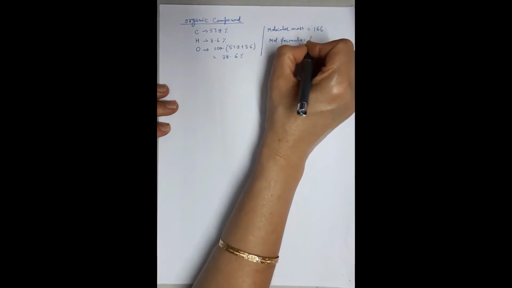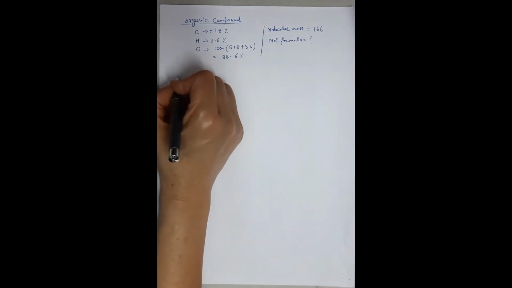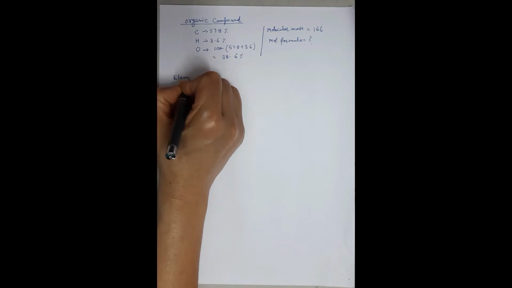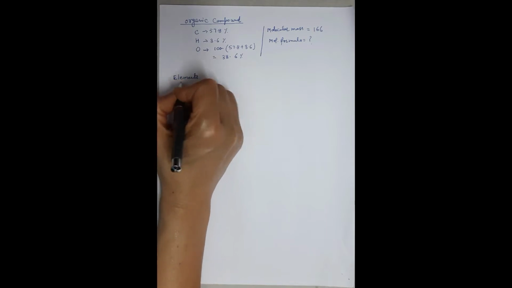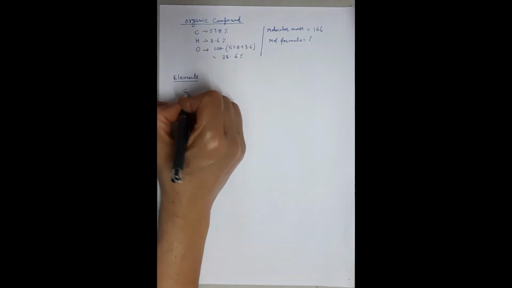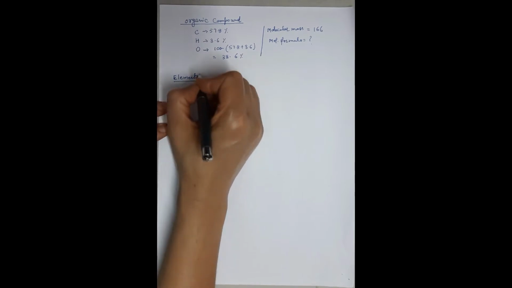See, how will you calculate? Just make a table of it. The first column is elements. The different elements given here are carbon, hydrogen, oxygen.